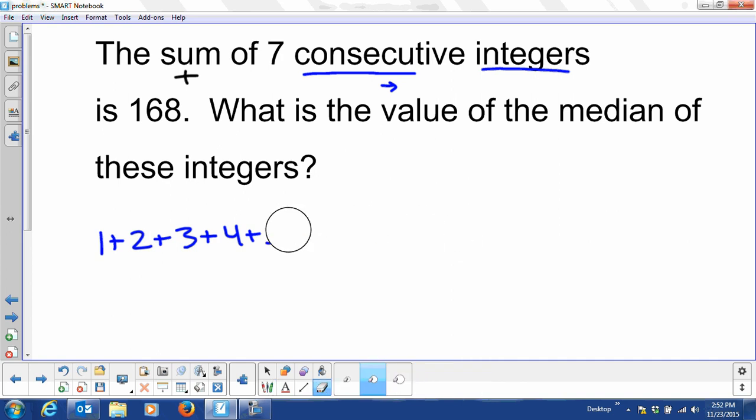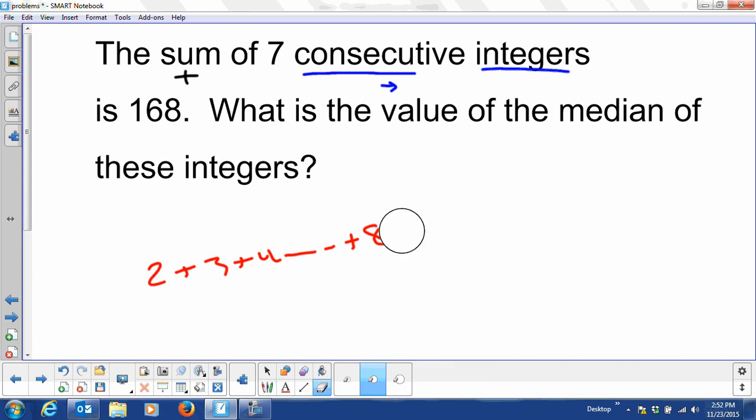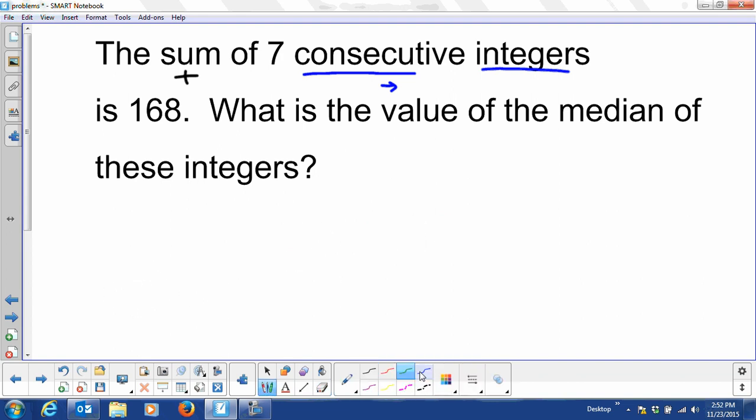So I could try the next going up and say 2 plus 3 plus 4 all the way up till I get to the 7th number, and that would still not equal 168. So I have to figure out a way to represent this.